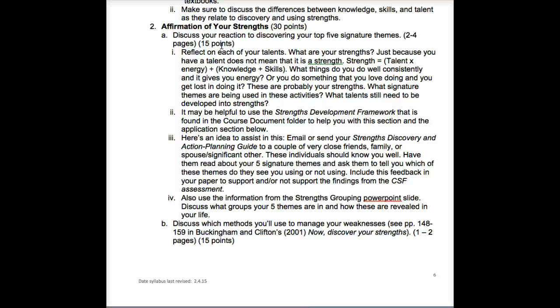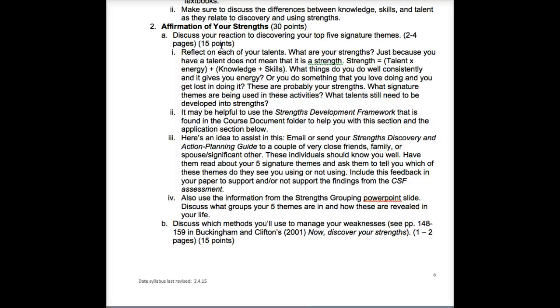The second part of this section of the paper is I want you to discuss which methods you'll use to manage your weaknesses. Now, Buckingham and Clifton discuss this in the pages that I have there in the syllabus. How do they define a weakness? Okay, that's the first thing you have to understand, is how are they defining a weakness?